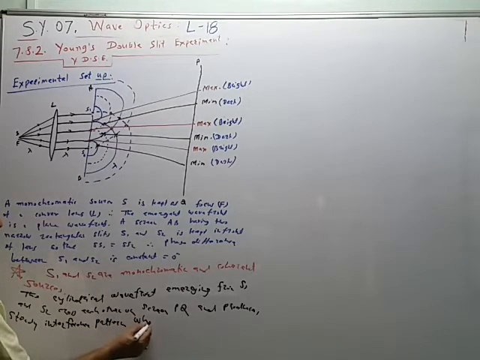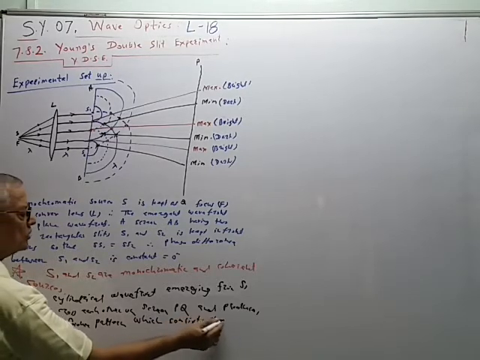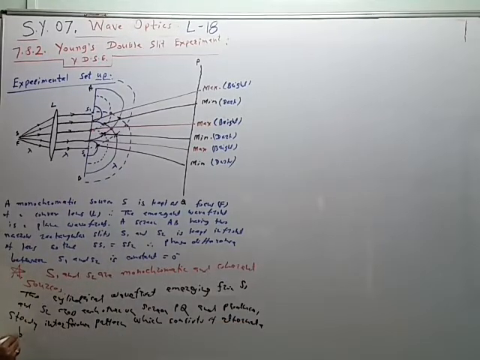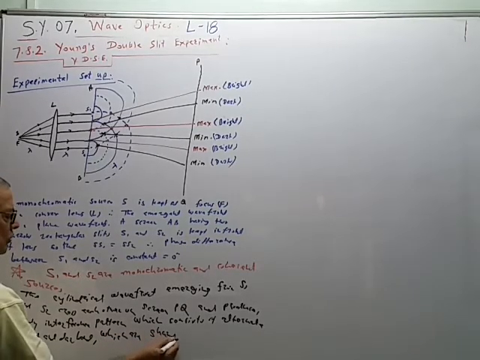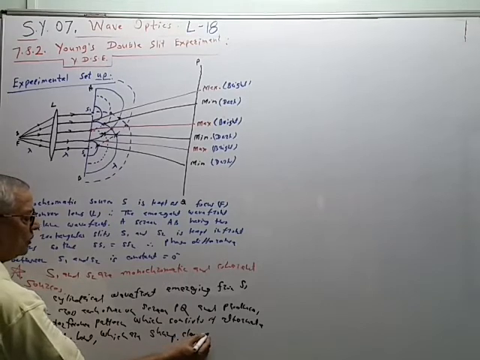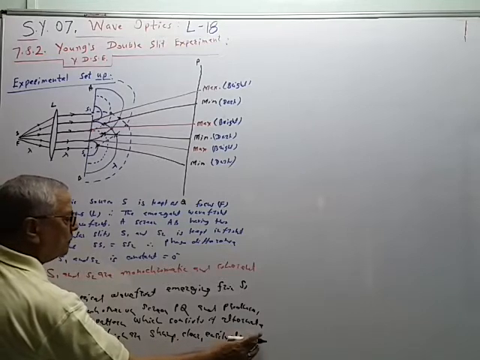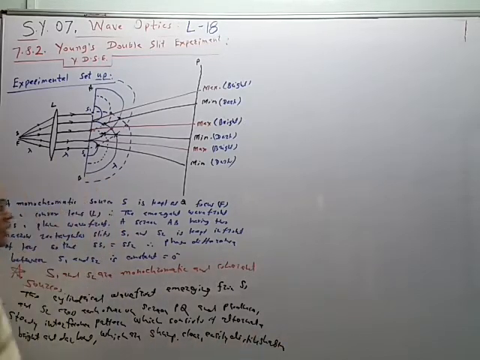We know the nature of the interference pattern, which consists of alternate bright and dark bands, which are sharp, clear, easily distinguishable, like this.